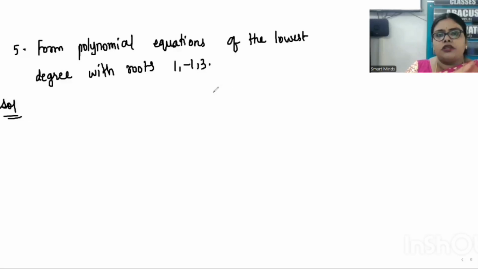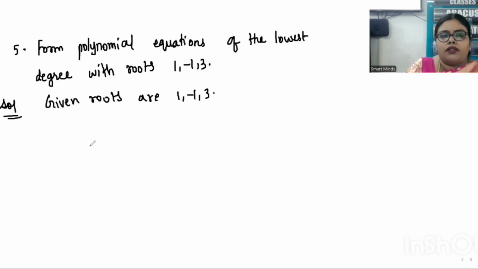Take the next question. This question is from Theory of Equations. And the question is, form the polynomial equation of the lowest degree with roots 1, comma minus 1, comma 3. So first write down the given roots. Given roots are 1, comma minus 1, comma 3.